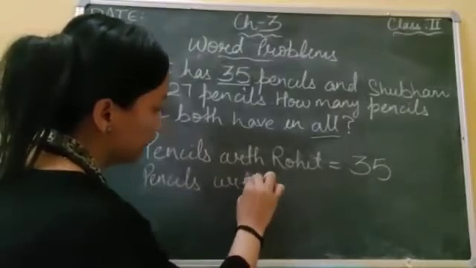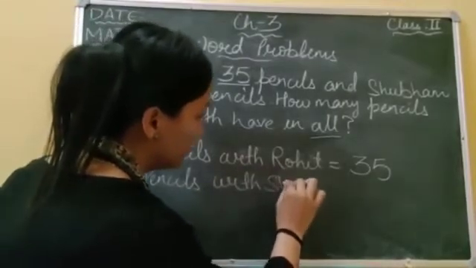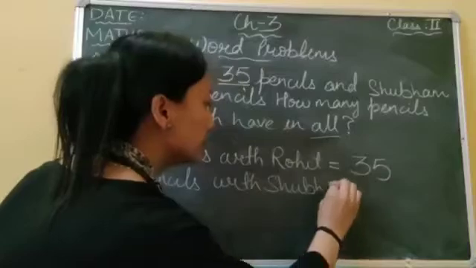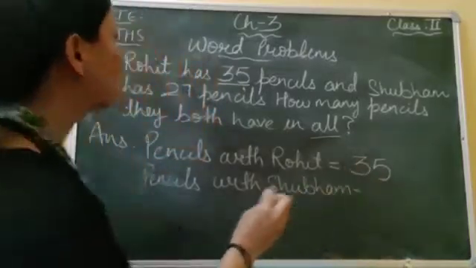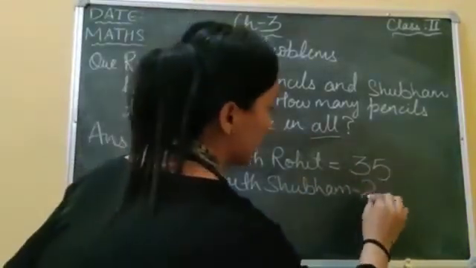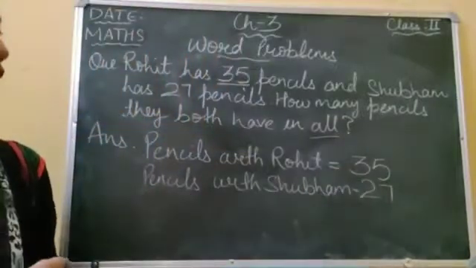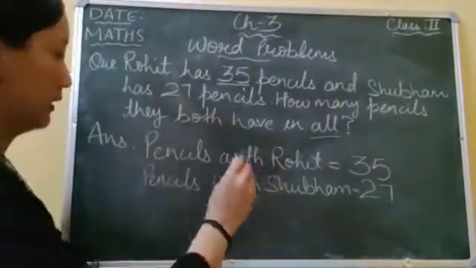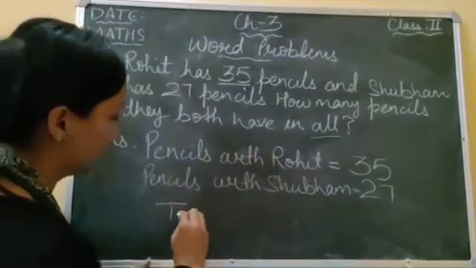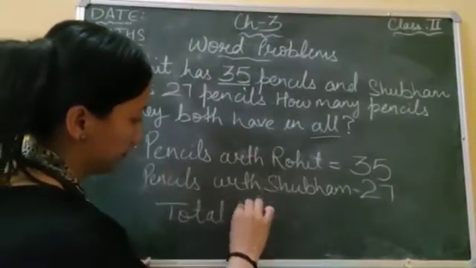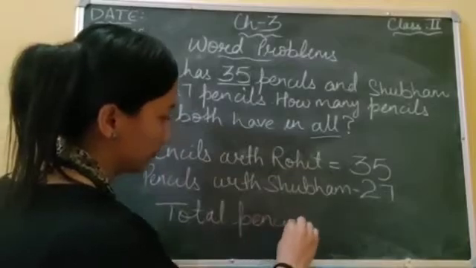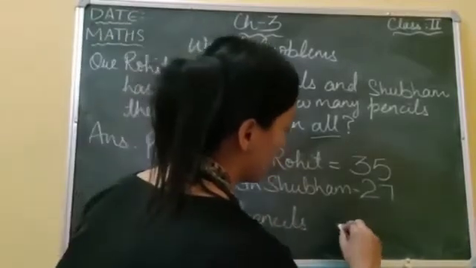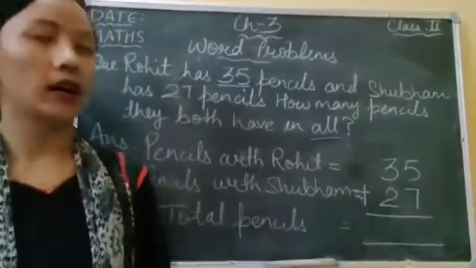Pencils with Shubham is equal to 27, right? Now, how many pencils do they both have in all? That means total pencils is equal to, now let's add them.